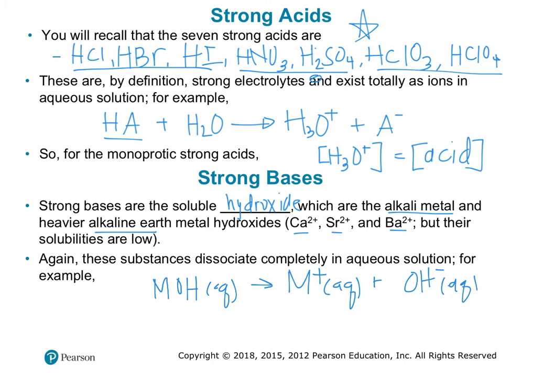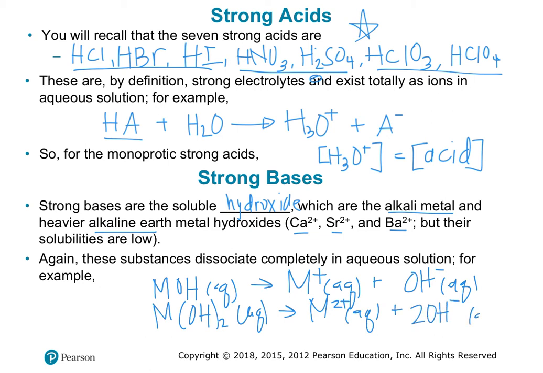Or we could have our metal, if it's an alkaline earth, it would have 2 hydroxides since its charge is plus 2, which would go to our metal 2 plus and 2 hydroxides, which are aqueous. So the big takeaway here are that the arrows are only one direction. We are not in equilibrium here. We don't have a reverse reaction happening.